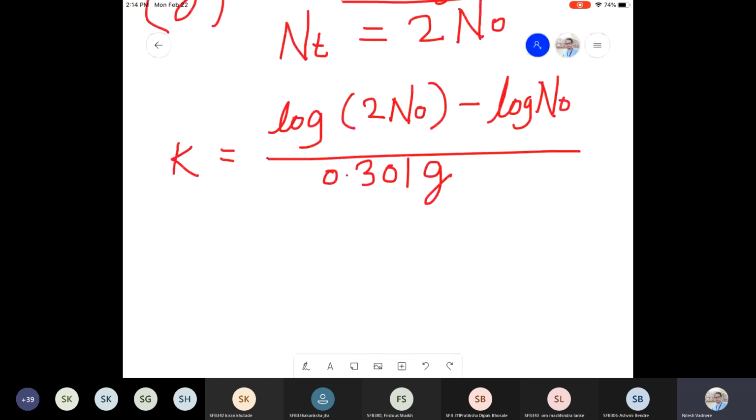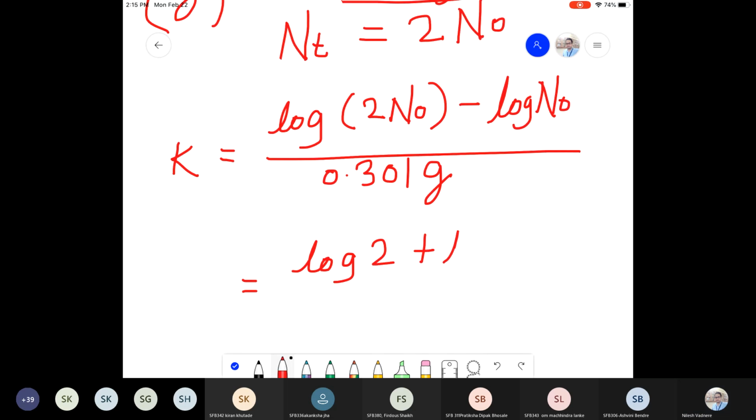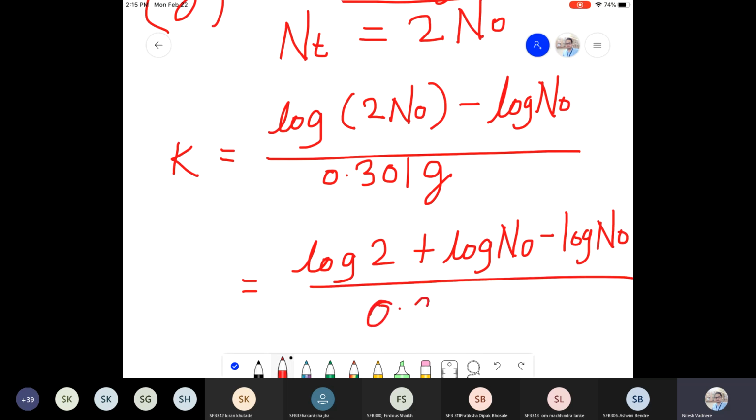तो यही इक्वेशन यहाँ पर लिखा है, log of 2 into n0 minus log of n0 divided by 0.301 into g. And now we will solve this for k. So log of 2 into n0 is equal to log of 2 plus log of n0 minus log of n0, ठीक है, divided by 0.301 g. अब यहाँ पर this plus log n0 minus log n0 will get cancelled.